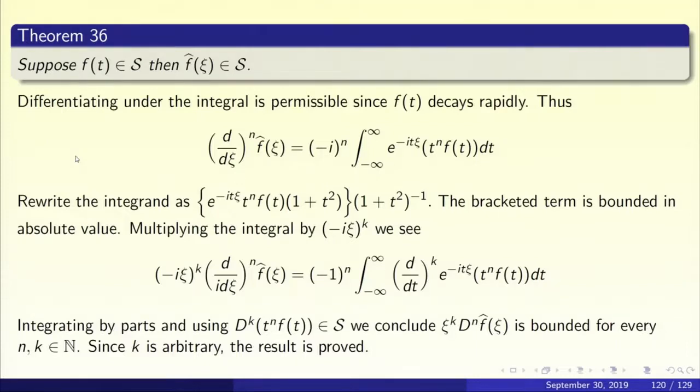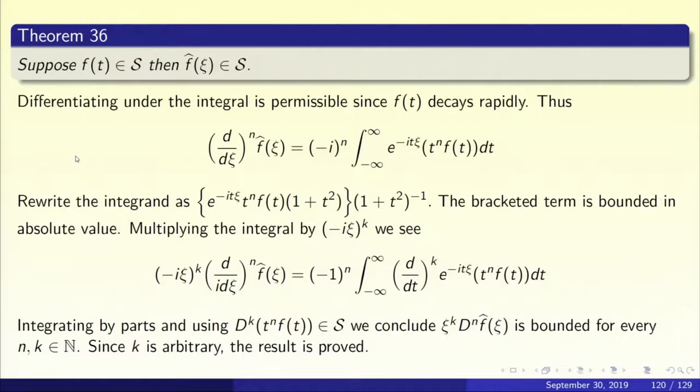The term in the brace bracket, e to the power minus i t chi, t to the power n f of t, times 1 plus t squared: 1 plus t squared into t to the power n is a polynomial. So a polynomial multiplied by an element of the Schwartz space is again an element of the Schwartz space. So the quantity under the brace bracket is bounded in absolute value.